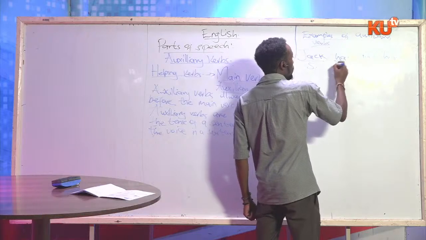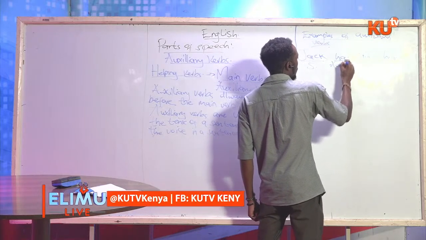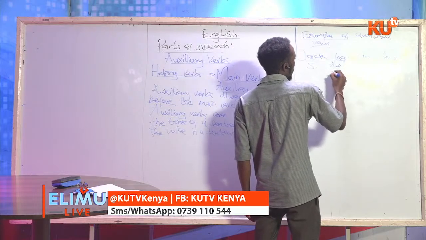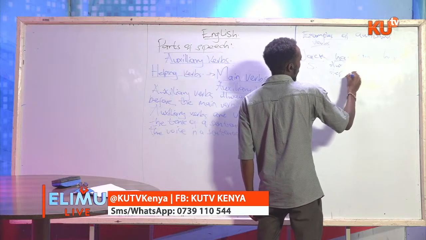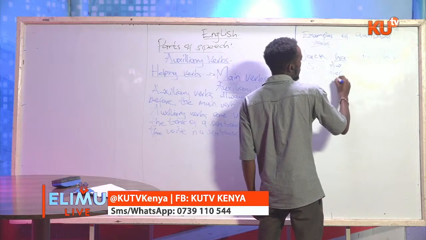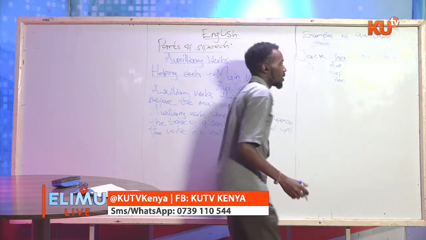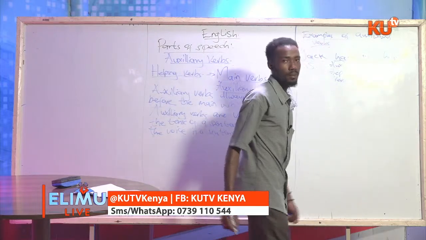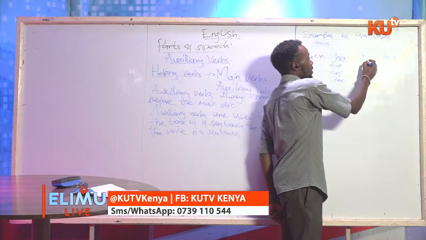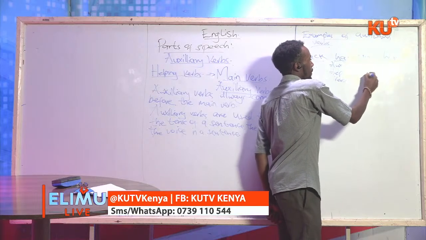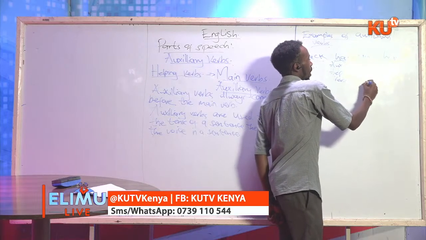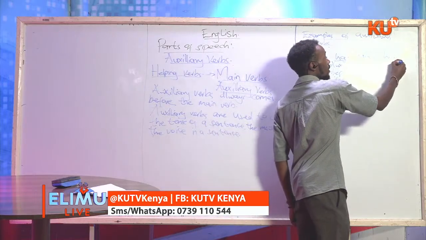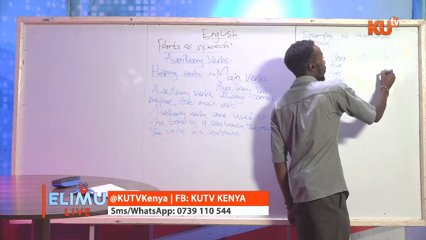Has is the auxiliary, or helping verb. Gone is also a verb, and this is the main verb. And finally, home is the object.